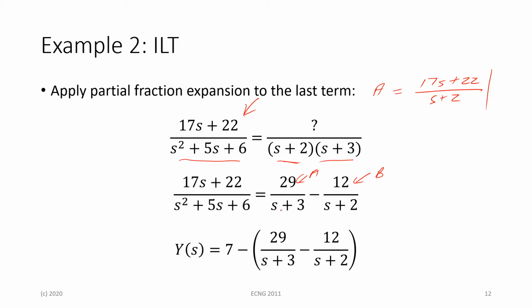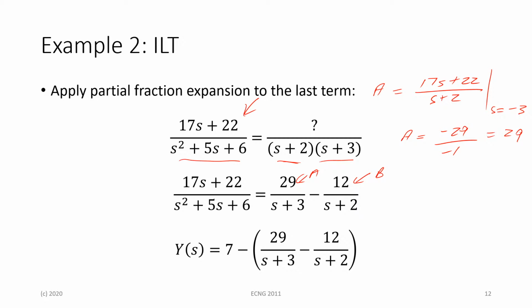Because we know s is equal to negative 3, we substitute this value into our equation for A. You can do the calculation on the calculator, and you'll get A is equal to minus 29 divided by minus 1. So you get 29.